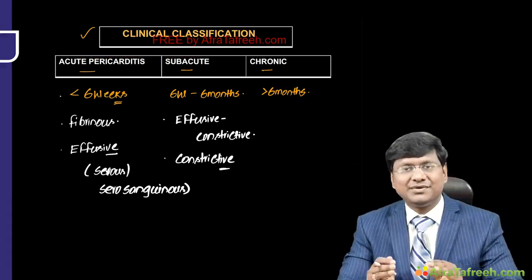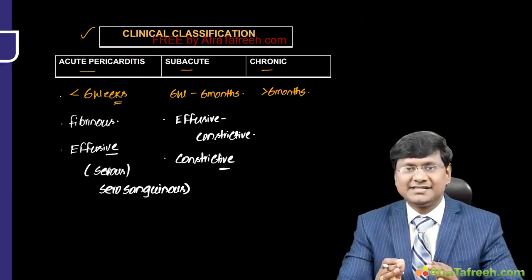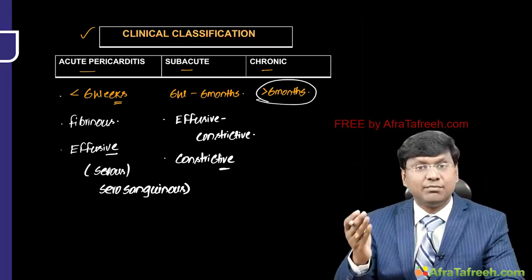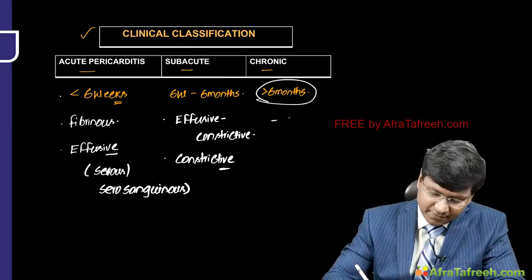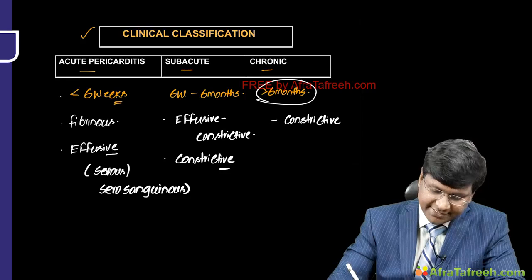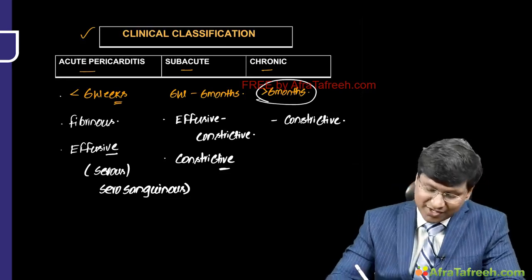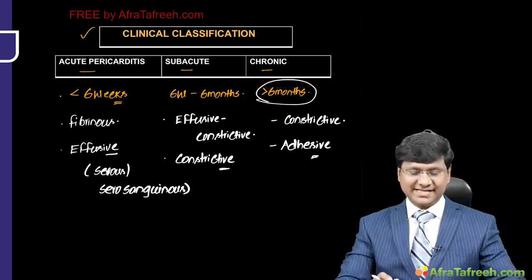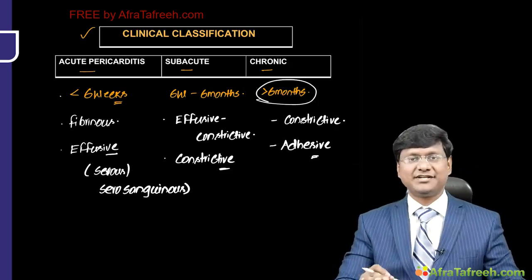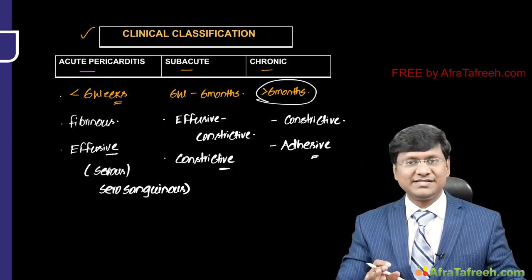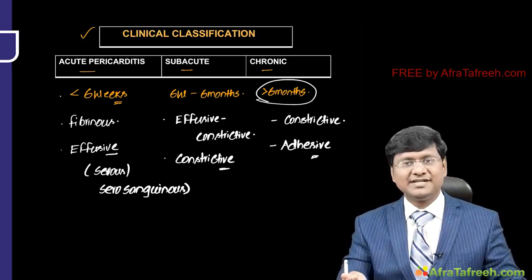So these two are your subacute, where the duration is around 6 weeks to 6 months. And if the duration is more than 6 months, that could be constrictive pericarditis, and the other one is non-constrictive, which is nothing but adhesive pericarditis. So this is the clinical classification of your pericarditis: acute, subacute, and chronic. Less than 6 weeks, 6 weeks to 6 months, and then beyond 6 months.